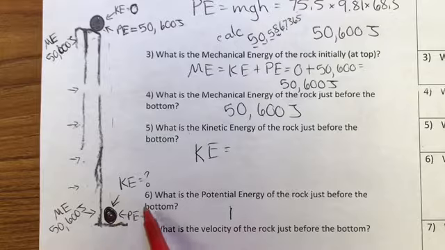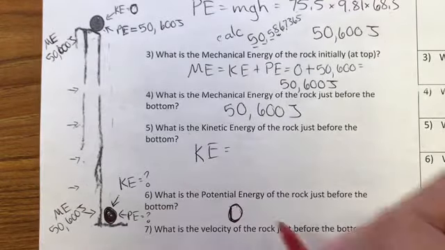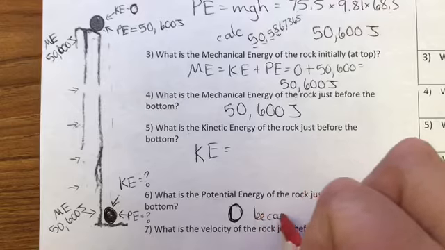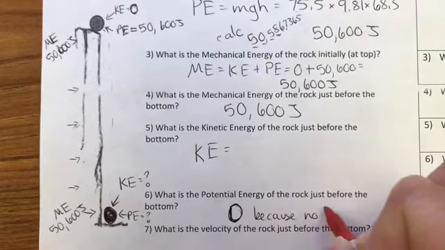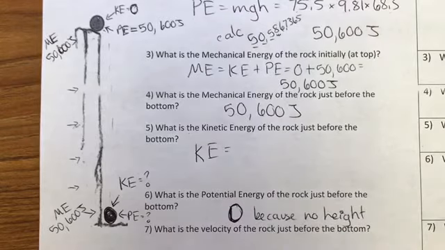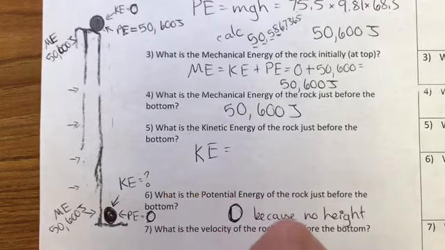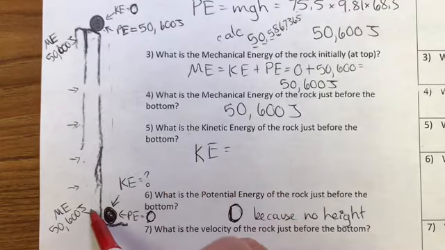Remember, potential energy, mass times gravity times height. Height is now 0. So my potential energy at the bottom is 0 because there's no height. So if my potential energy at the bottom is 0, my mechanical energy at the bottom is 50,600.